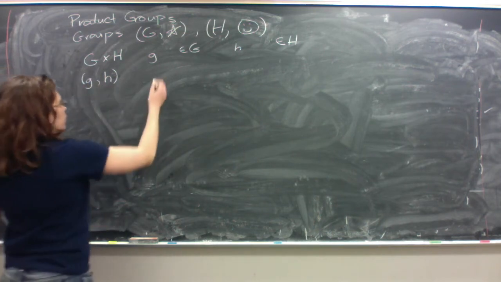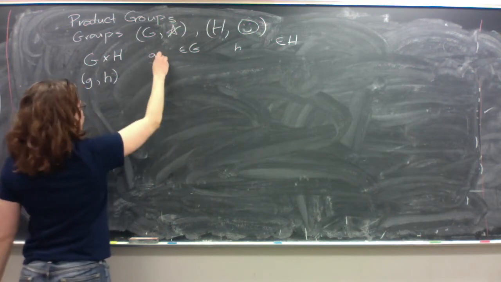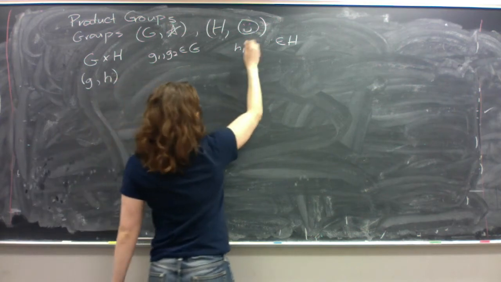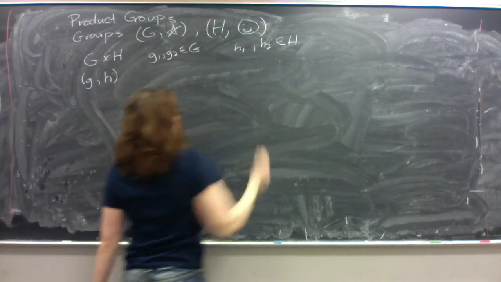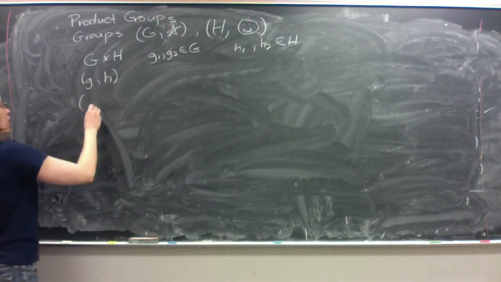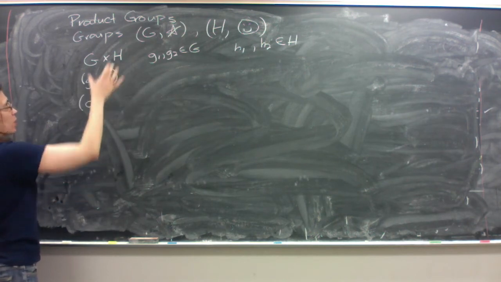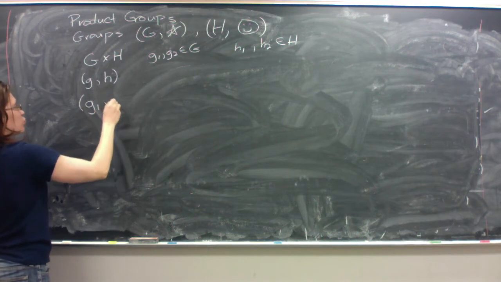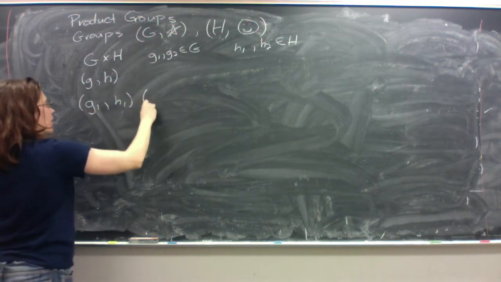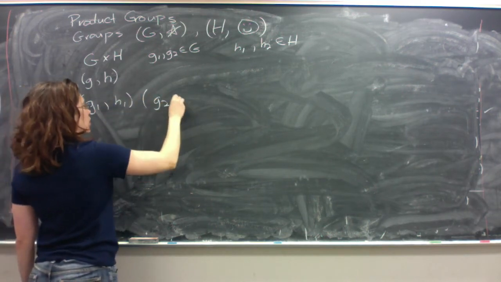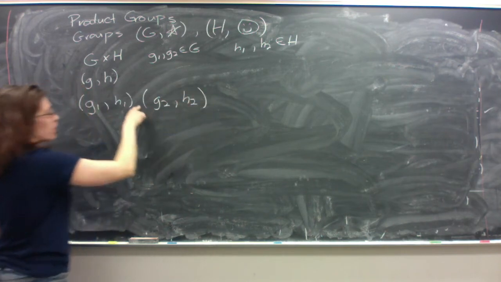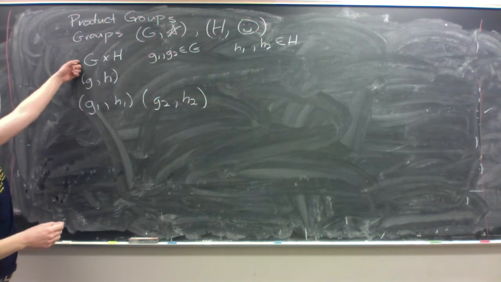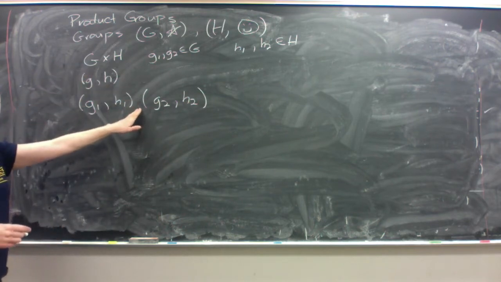And the operation is just using the operation on each term separately. So what this means is if I have g1 and g2 in my group G, and h1 and h2 in my group H, and I wanted to apply the binary operation of G times H to (g1, h1) and (g2, h2), by the way, here I'm applying the binary operation, but I haven't given it a name, so I'm just going to leave it out.